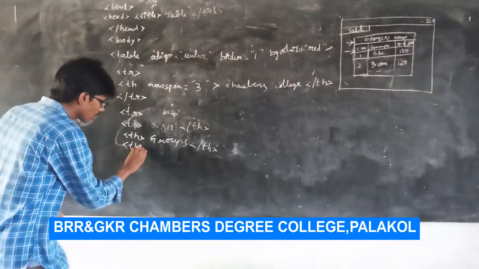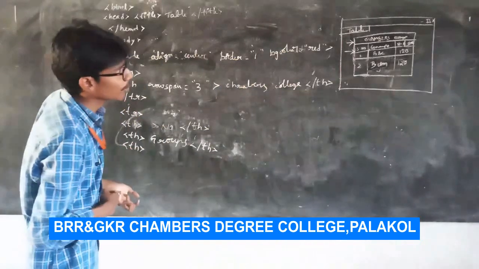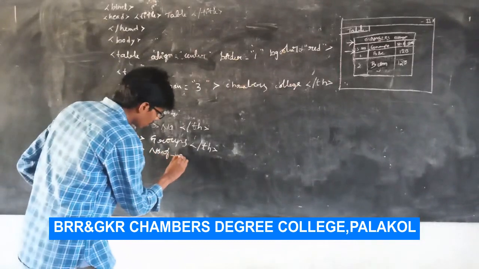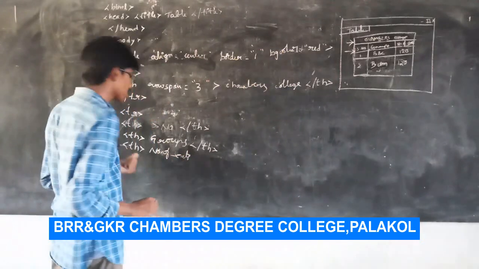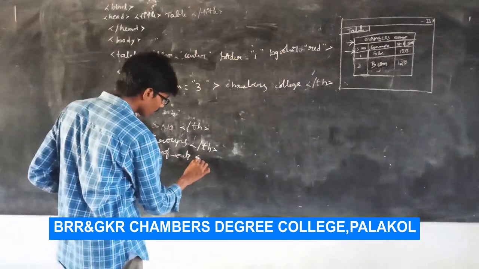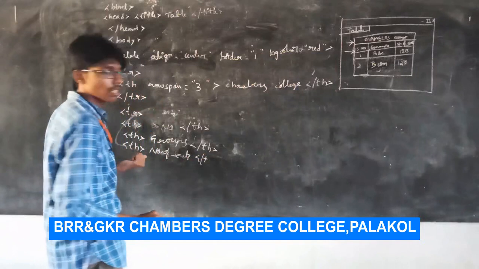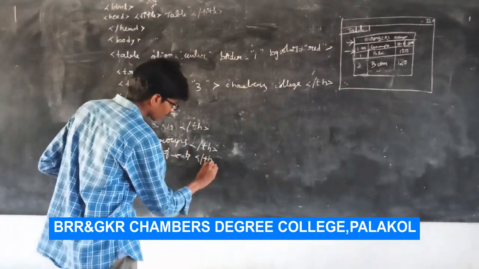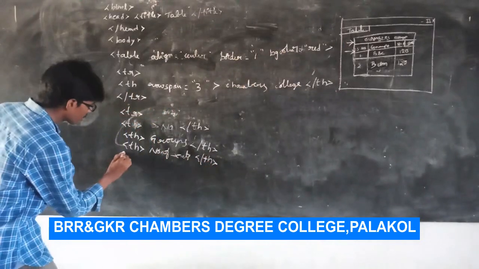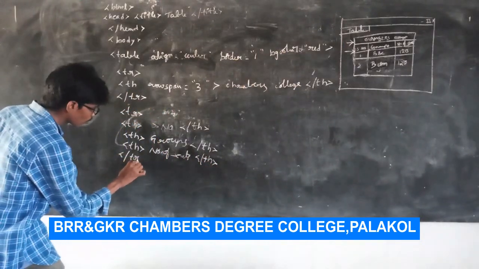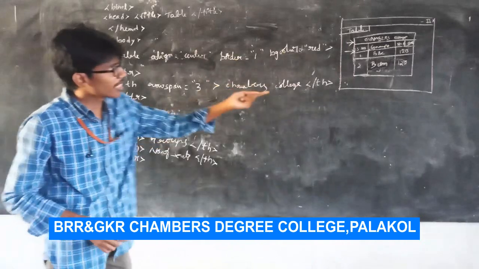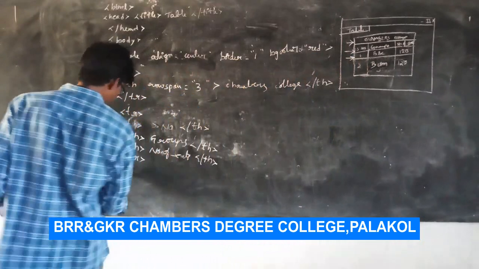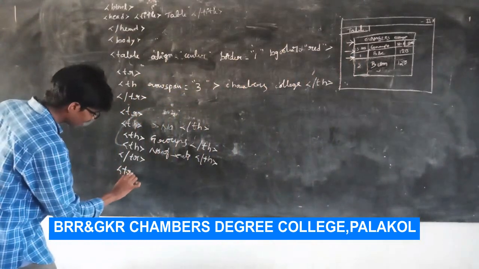Another value is represented with the number of seats. This is also a subheading of that particular table, that's why we mention it as table head. After that, close the entire row. If it is completed, then open another row with the tag TR.